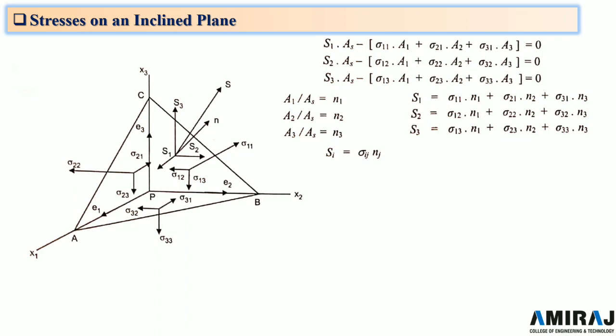The stress normal to the plane ABC, that is sigma n, is obtained by projecting the three components S1, S2, S3 on the normal to the plane.